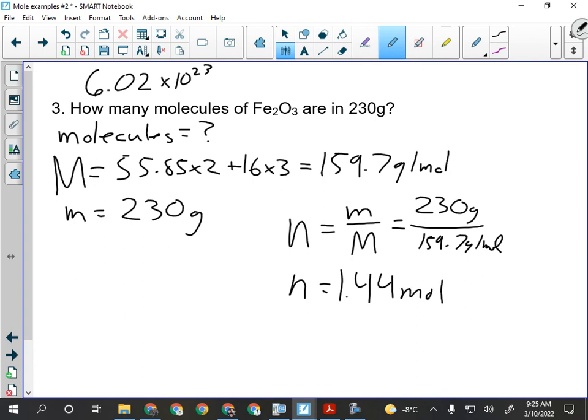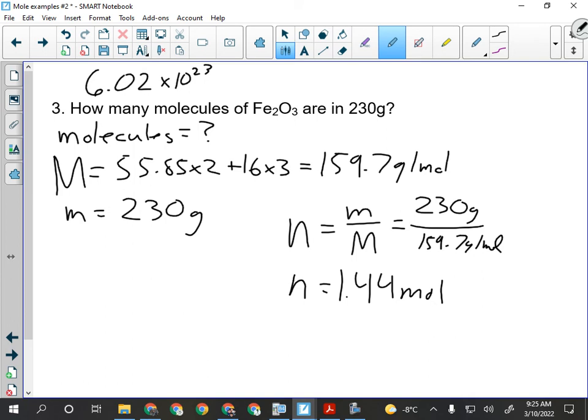What's my next step? I have the number of moles and I have Avogadro's number. You do 1.44 times 6.02. Exactly. I'm going to multiply the number of moles by the number of molecules in 1 mole, and that will tell me how many molecules I have.